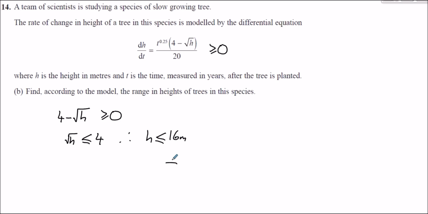So therefore, the range of heights of trees, if I just call this h, obviously no tree is going to be 0, but it could be a small sapling, so something bigger than 0, but it can't be any greater than 16.